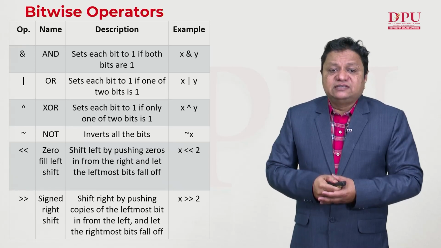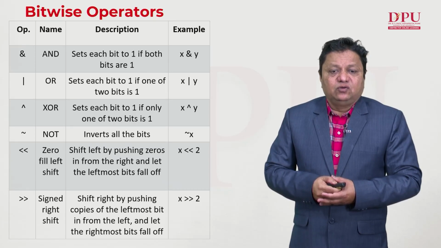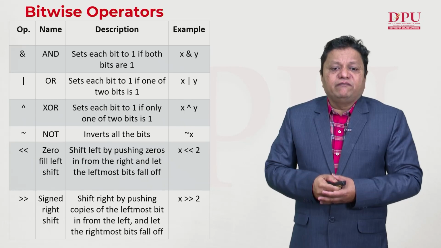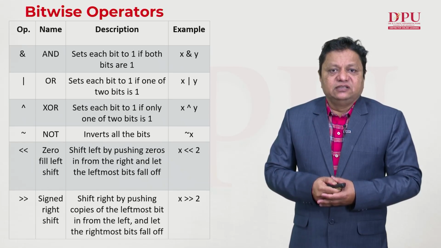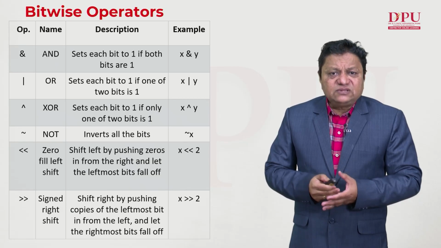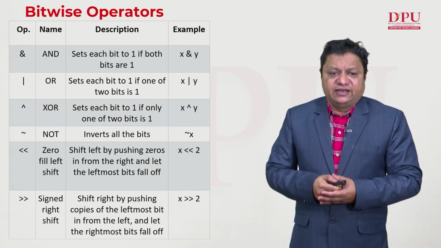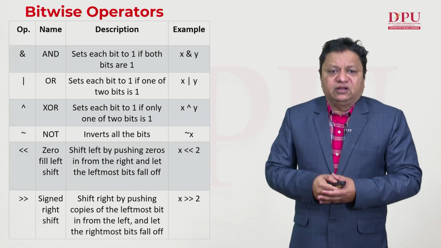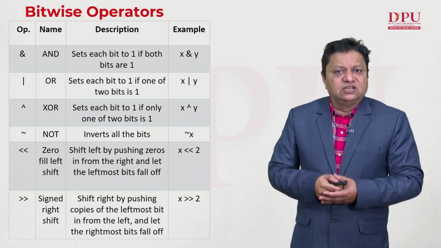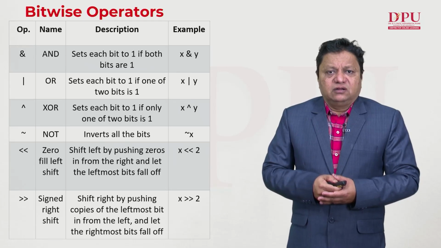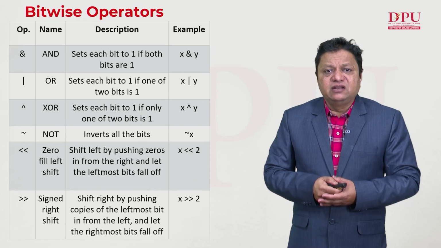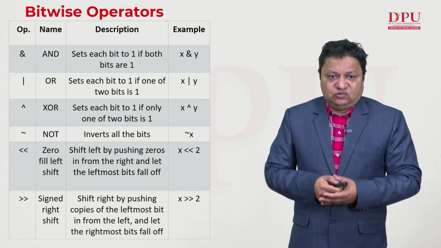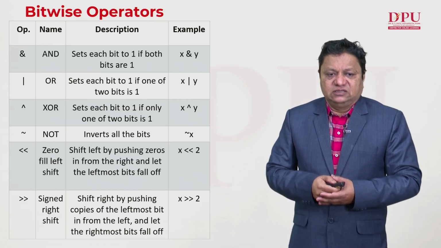Exclusive OR sets each bit to 1 if only one of two bits is 1. That is the difference between OR and XOR. The NOT operator inverts all the bits. If all the bits are zeros, then the NOT operator will make them 1. If all the bits are 1, then it will make them zeros.